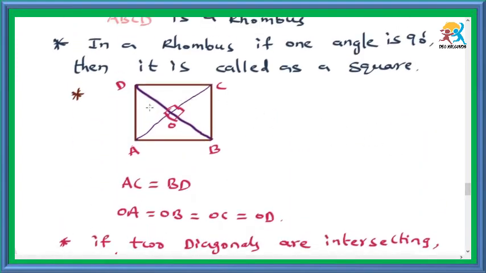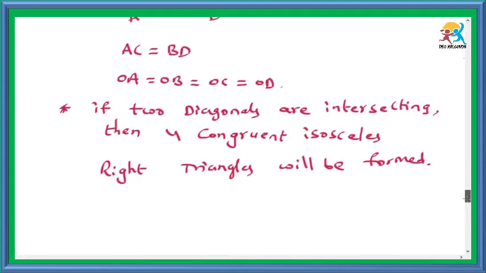Now I will take two triangles and we have to prove that the two triangles are congruent. The remaining you have to prove.